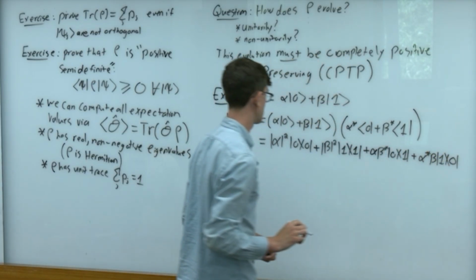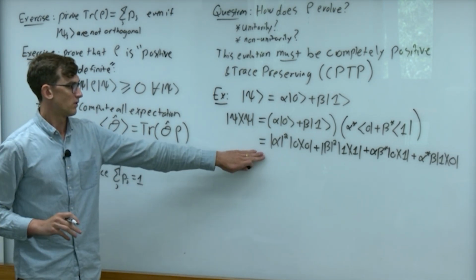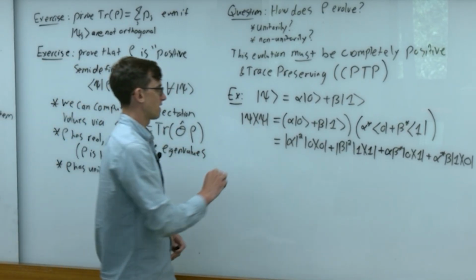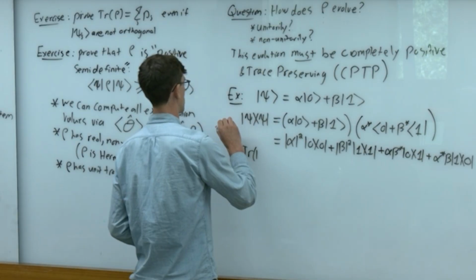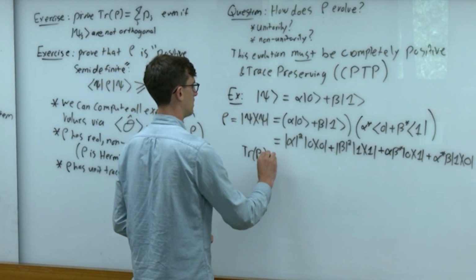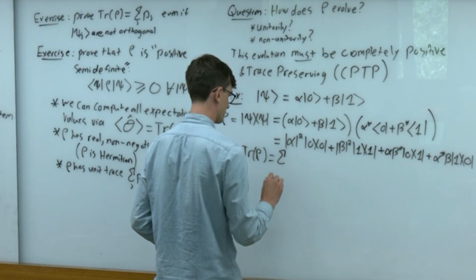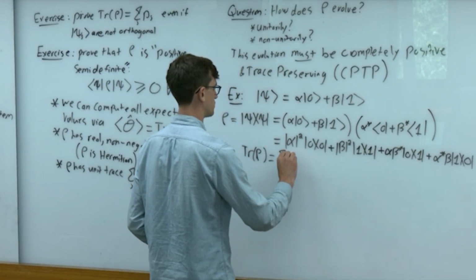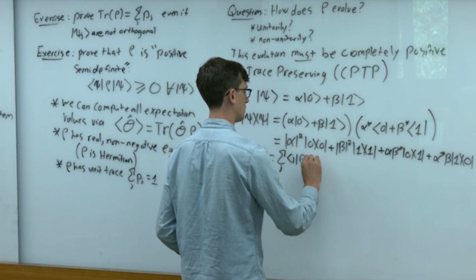So let's look at this density matrix. You can see immediately that the trace equals 1, right? Let's call this rho here. If I take the trace of rho, this is equal to what? This is the sum on j of rho jj, right?